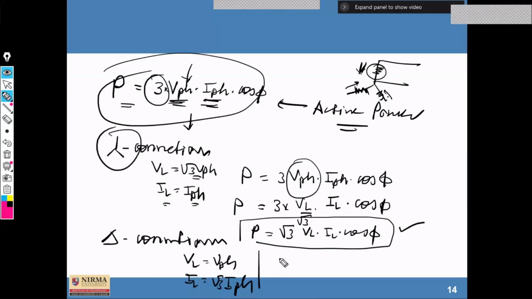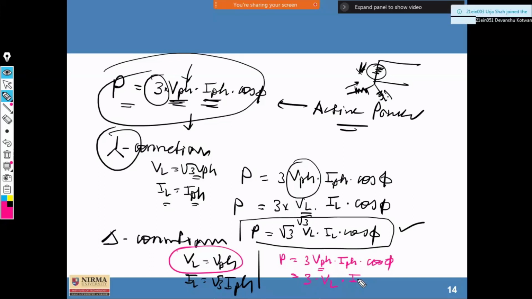Now similarly, we can have the equation for delta connection. P is equal to 3 times VPH into IPH into cos phi. Now this VPH will be equal to VL, so we can write 3 into VL into, now IPH is what? IL by root 3, into cos phi.